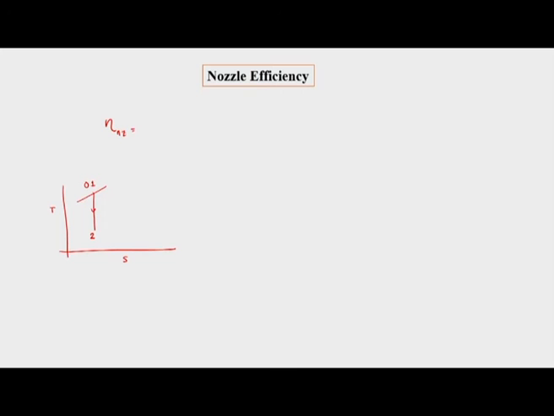This isentropic expansion would fetch us to the condition which is called 2, suppose. But we cannot go to this condition; we will end up at condition 2A due to losses, which is friction loss. So, instead of 2 we have come to 2A.